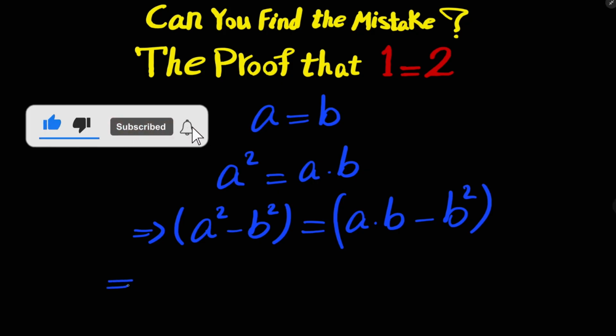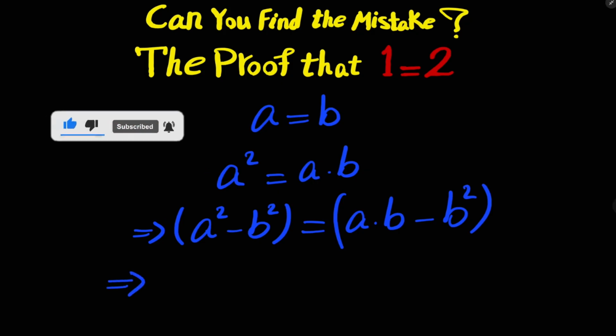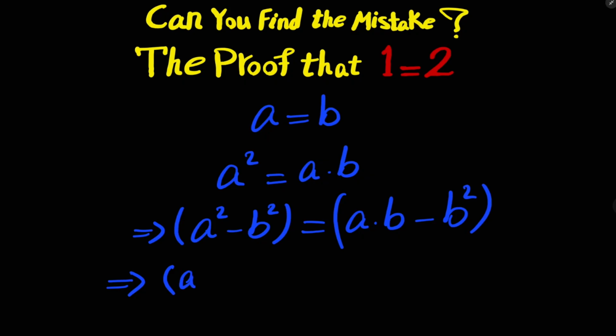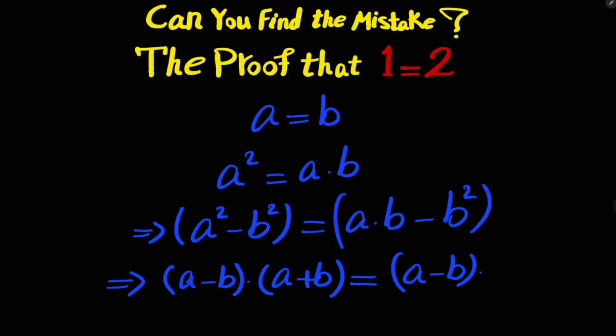It means we have on the left hand side (A minus B) times (A plus B) equals, on the right side, (A minus B) times B. On both sides we have an A minus B term.